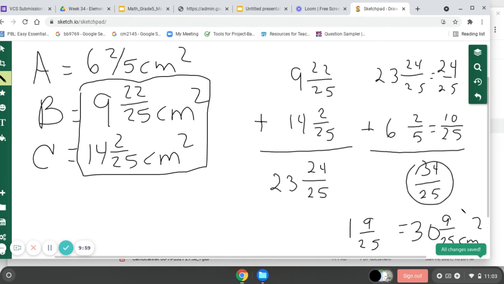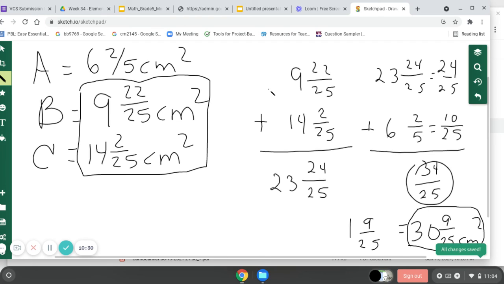So this here is the final area when we add all of those three areas together. The area for rectangle A, the area for rectangle B, and the area for rectangle C. So in total, all three areas are equal to 30 and 9/25 centimeters squared.